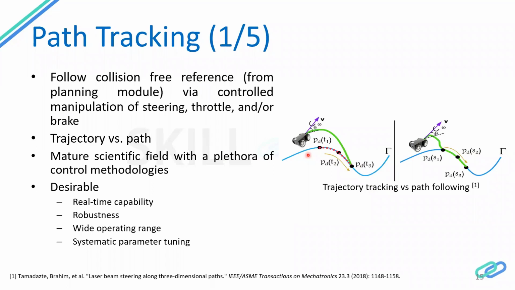Path tracking is a more mature field for automotive compared to the previous three parts of the autonomy stack that I just discussed, and there are a lot of control methodologies available. Some of the desirable characteristics one would like from a good tracking algorithm would be, again, real-time capability. It has to run at a higher sampling rate than the path planner or the perception modules.